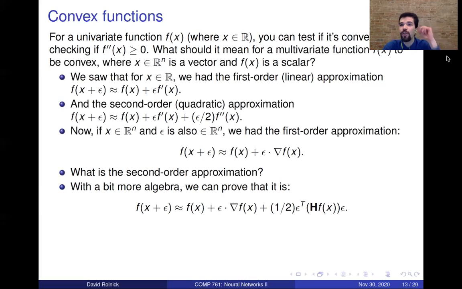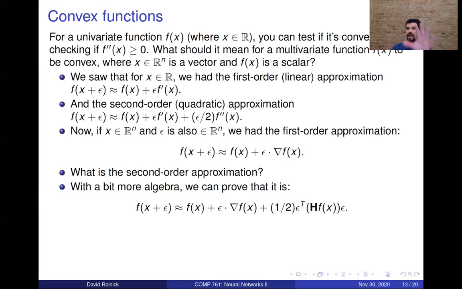So this is the second order approximation. It is just the analogy of this. Or again, it should be epsilon squared over 2 here, sorry. But here you have f of x, that lines up here. Here it's epsilon times the derivative. Here it's epsilon dotted with the gradient. And here it's just basically the equivalent of epsilon squared times the Hessian.